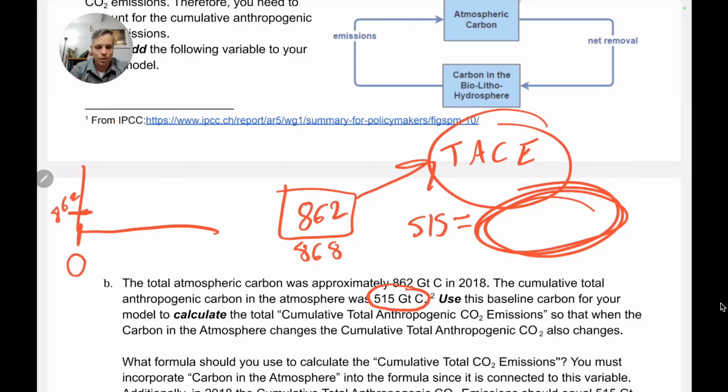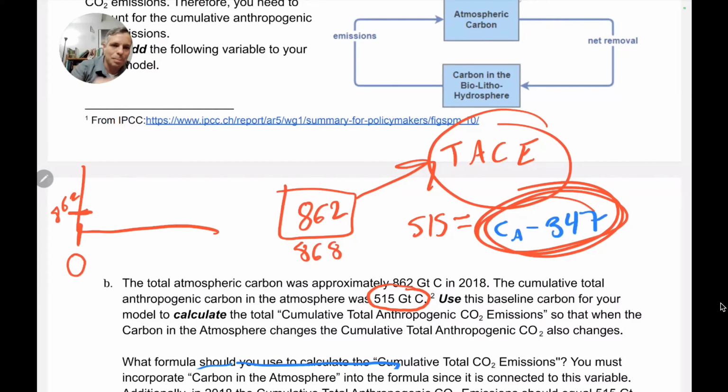Anyway, take some time. Some students really struggle with this, and ultimately some kids get it, and I have them share with the class how they developed their formula. I do say that I want them to incorporate the carbon in the atmosphere into their formula. So generally, it's that stock minus the difference between these two, and I think it's 347.